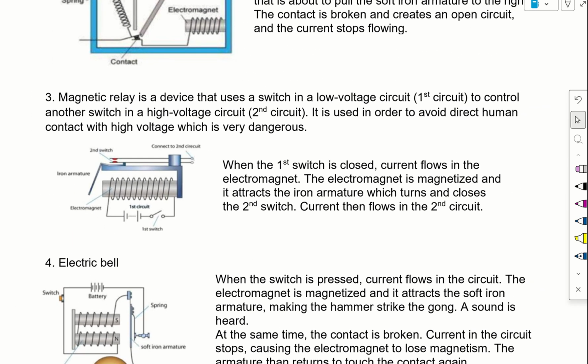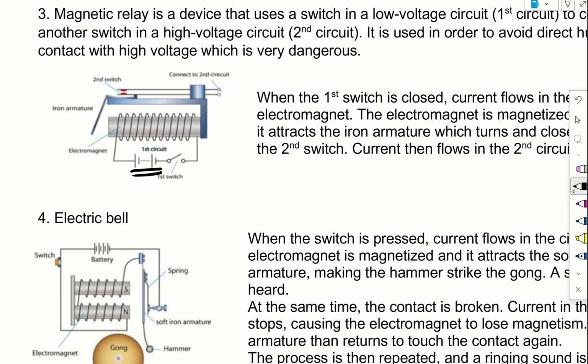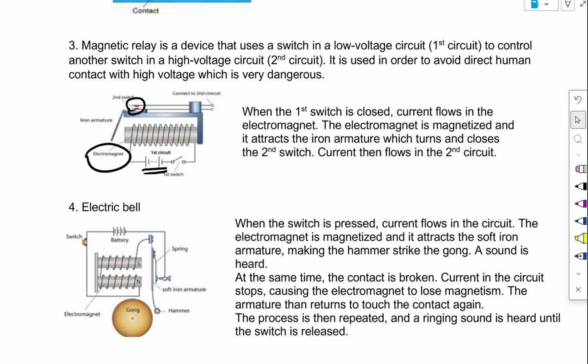We can also use this in a magnetic relay, whereby we have a battery of low EMF, and it becomes an electromagnet through here, so that it can activate the second switch, which is connected to high voltage. So we are using a low voltage circuit to control another switch in a high voltage circuit. You wouldn't want to be controlling or touching the switch of a high voltage circuit, so we use a low voltage circuit.